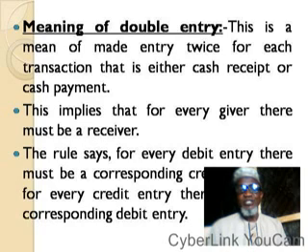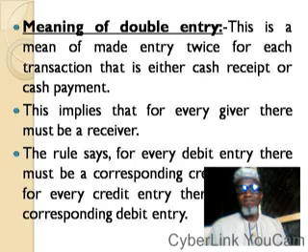Once again, the rule says for every debit entry there must be a corresponding credit entry, and vice versa. For every credit entry, there must be a corresponding debit entry.